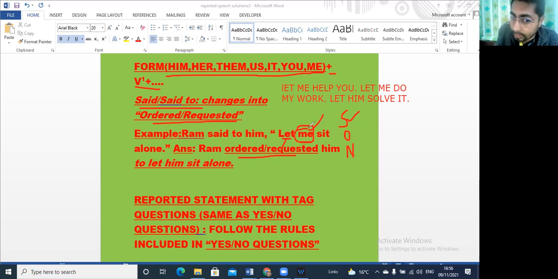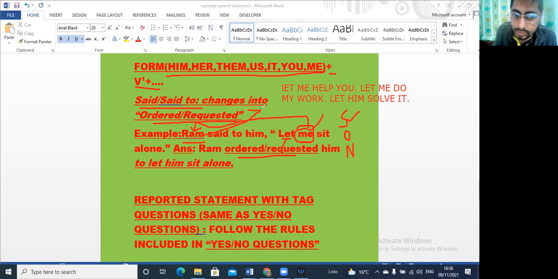Then to check out the person, we should run outside of the jail of inverted commas. What is the first person here? Ram. So in the place of Ram, we can use he, but is it suitable to use he? Obviously not. So what is the objective form of he? Him.